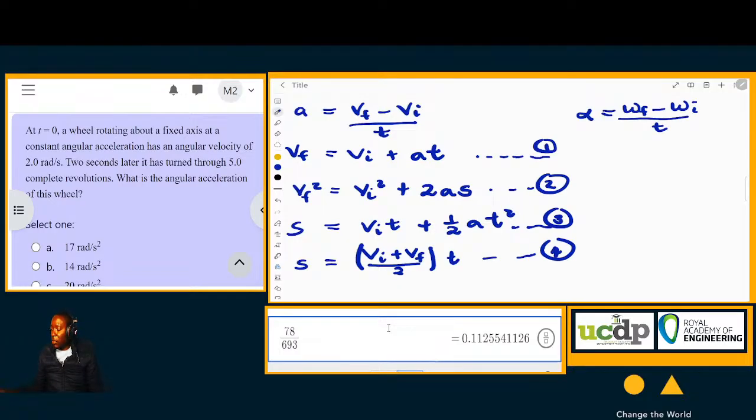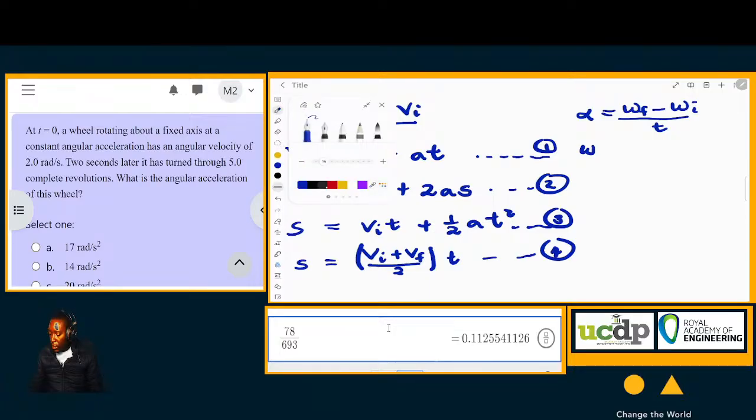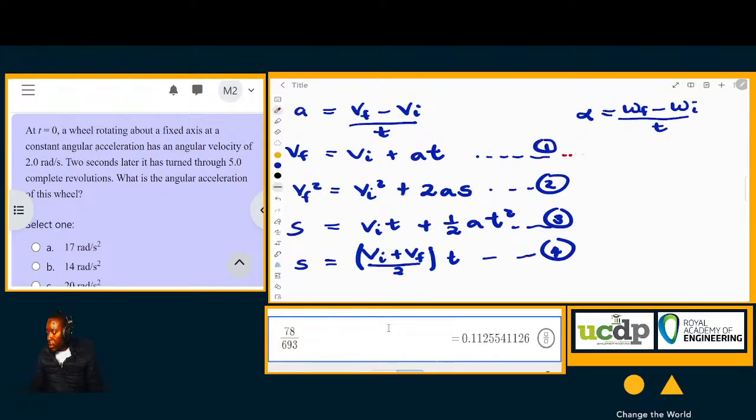So this is how the equation changes in this domain where we're looking at rotating bodies about a fixed axis. So from there, we have omega final is equal to omega initial plus alpha t.